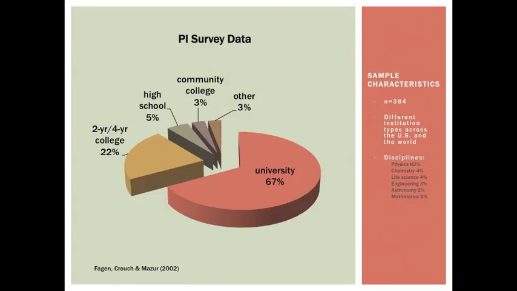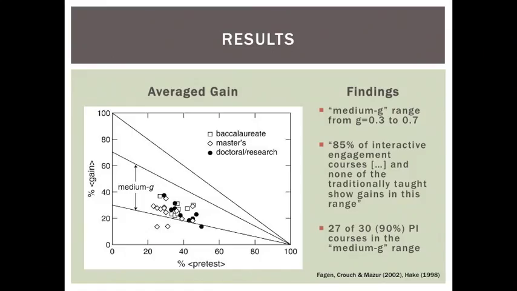In this case, it's mostly physics, and in different countries. So in this survey, there were 384 participants, which were instructors, having used some sort of peer instruction or peer instruction-like teaching method.